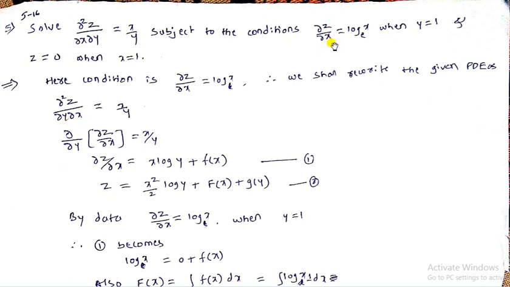Suppose if it is ∂z/∂y, then you will use the direct formula ∂²z/∂x∂y, keeping it as it is without changing.